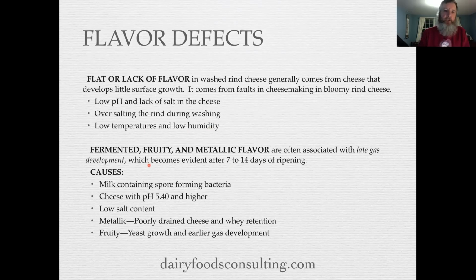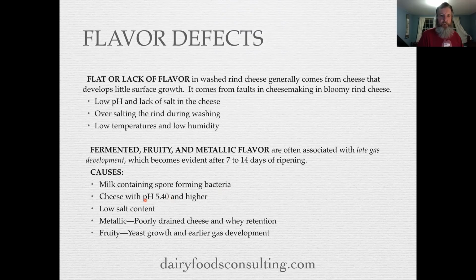Fruity and fermented and metallic, those are defects that can occur due to these spore forming bacteria, and some of their source might be fermented feeds, for example. It could also just be conditions aren't as sanitary as they should be.